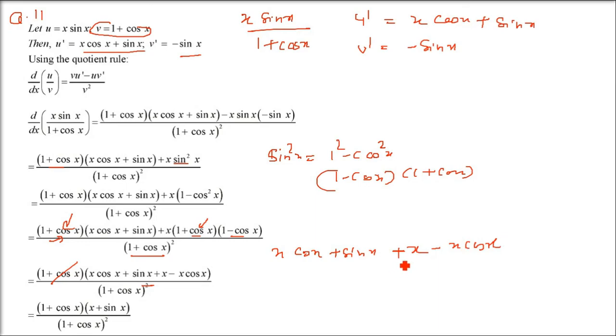Only x plus sin x will remain, because you have x cos x minus x cos x, so you can just cancel it. So in the numerator you have only x plus sin x, and in the denominator you have 1 plus cos x whole square. So this is x plus sin x in the numerator and 1 plus cos x whole square in the denominator.